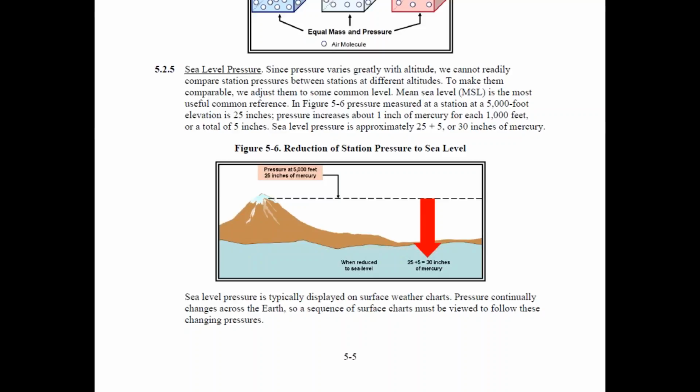The reason is that once you get up to higher altitudes, planes fly closer together. I might be going west at 38,000 feet, passing a plane that's going east at 39,000 feet. Well, if I didn't adjust my altimeter setting, I might be 500 feet closer to that plane. I might be at 38,500 because I didn't adjust it. And you can obviously see the problem, especially if the altimeter setting was pretty dramatic.